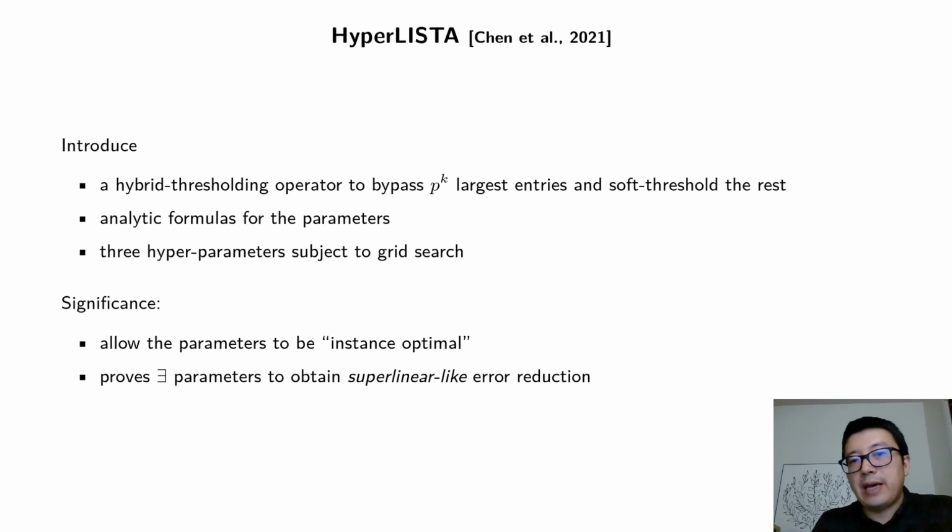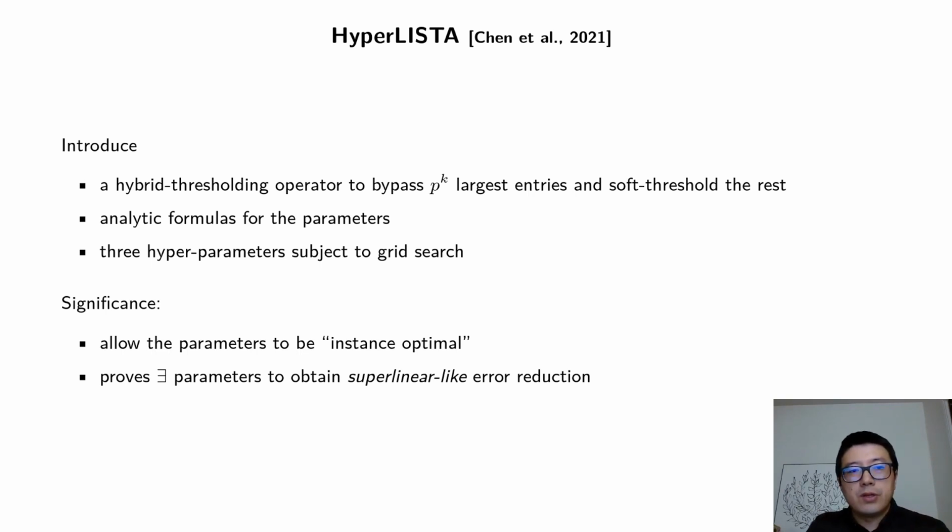The p largest entries, pk largest entries of xk will be bypassed. And then, well, this seemingly adds another sequence of parameters pk to train. But this paper comes up with analytic formulas, motivated by their analysis, for the parameters: for the step size parameter, for the momentum extrapolation, for pk and theta k.